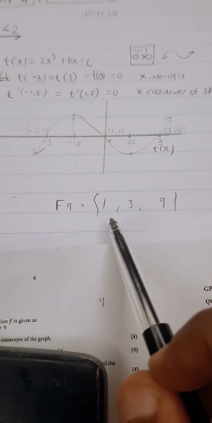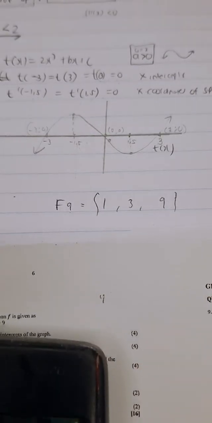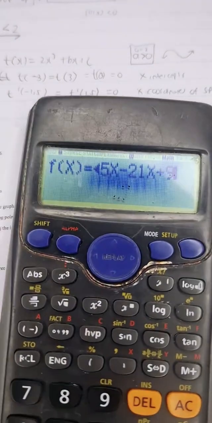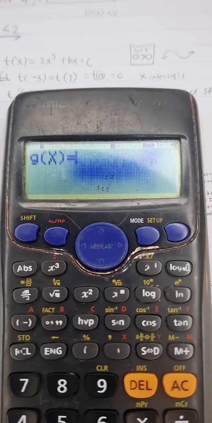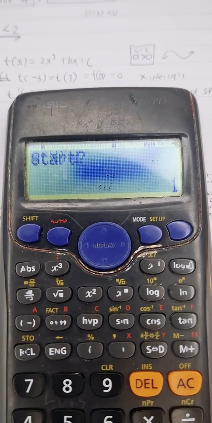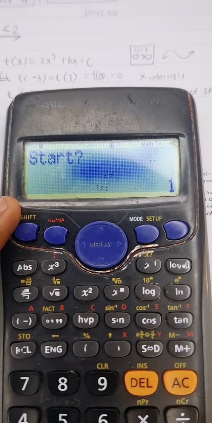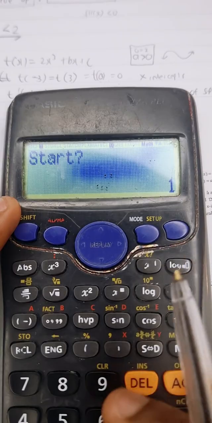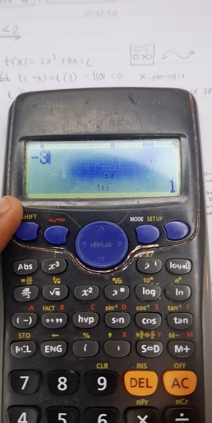So what would be nice here is if I could actually type in this function. As I have it there, it's done. I can press equal. Let's skip g of x. Then we're going to say start. Where do we start? Let's start maybe at negative 3.